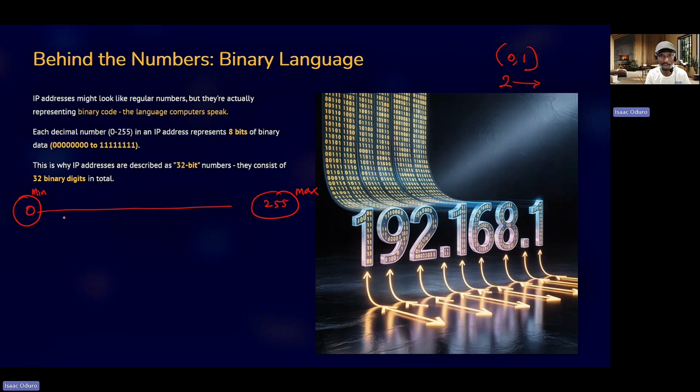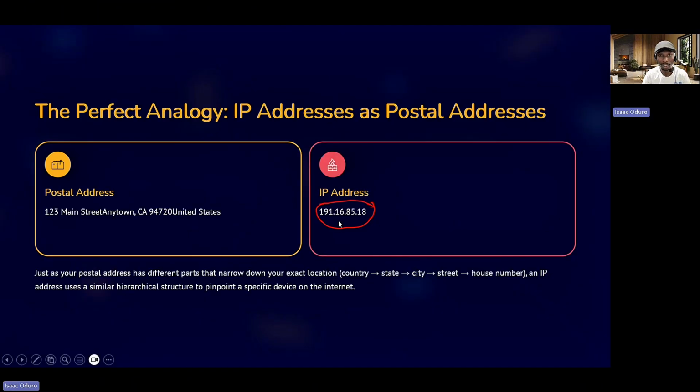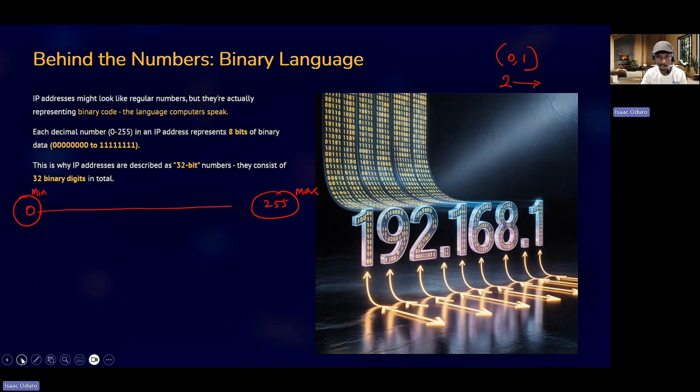All the IP addresses that you have been seeing, like this IP address here, 191.168.5.18, begin from 0 up to 255. It cannot go beyond 255. That is the space that it can go. So any IP address that comes with 256 would be a wrong IP address.